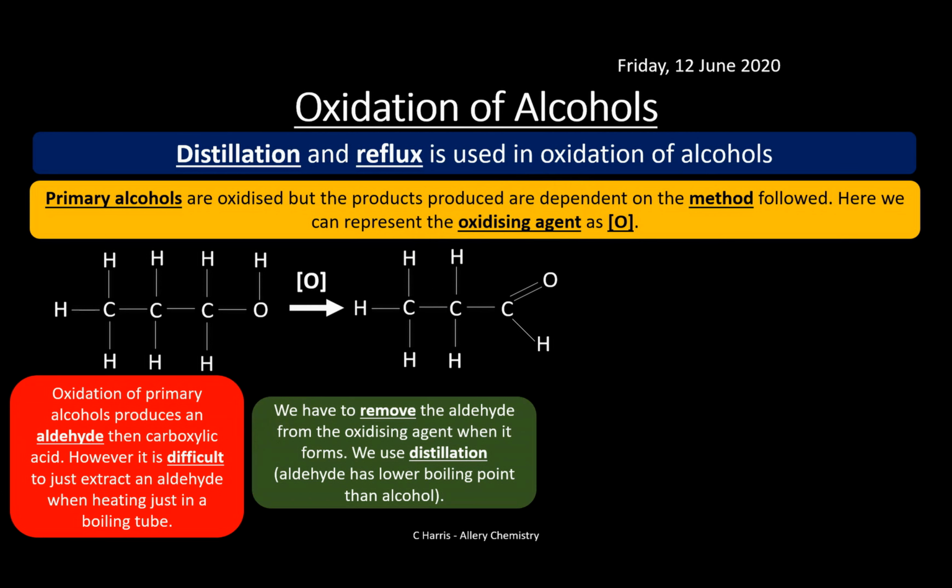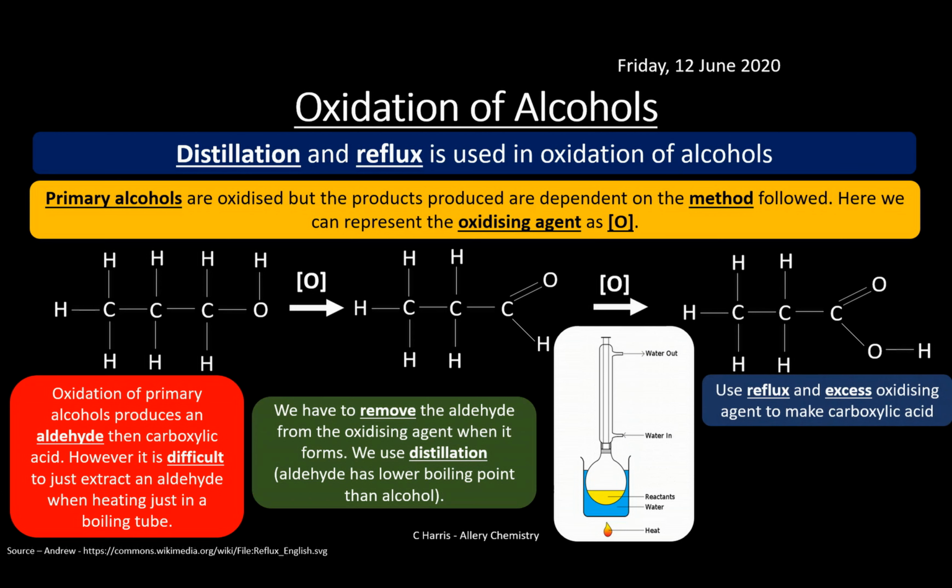Now, like I say, if we didn't do that, and we just continued to heat it under reflux, which is this here, then effectively this will oxidize further to a carboxylic acid. So if we wanted to make a carboxylic acid, then we can use a reflux setup, like so. We heat up our reactants. Obviously, some of our compounds would rise up.